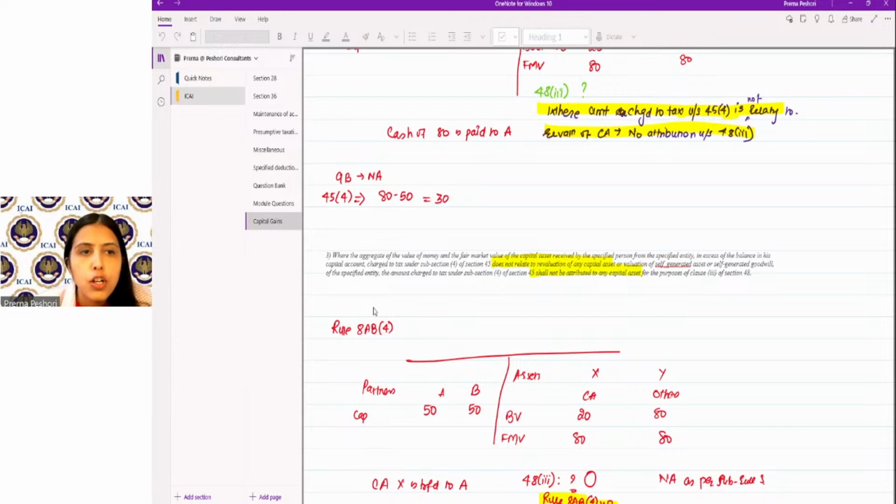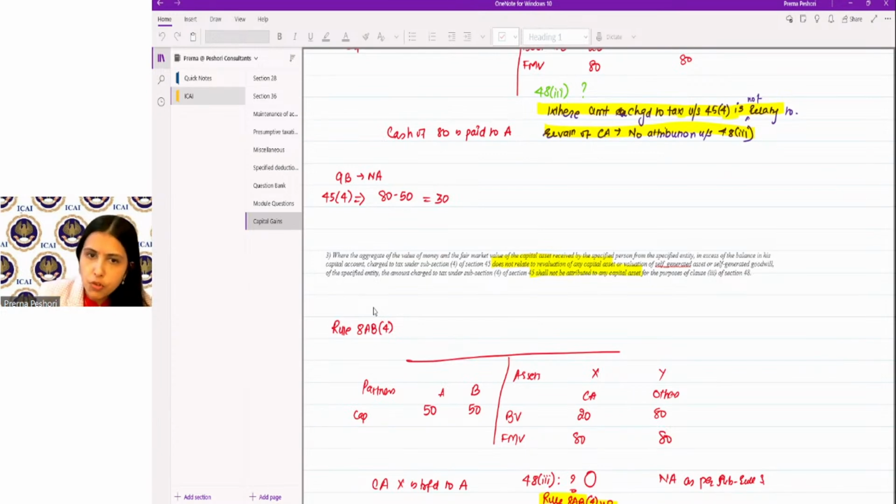So we were discussing section 9B. First, what is 9B? 9B is when the firm transfers the capital asset or the stock in trade on dissolution or reconstitution, then it will be deemed that the firm has transferred it to the partner.